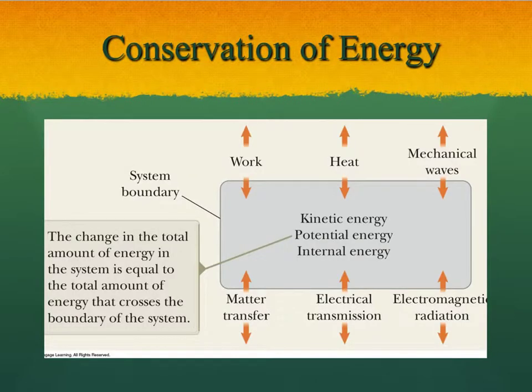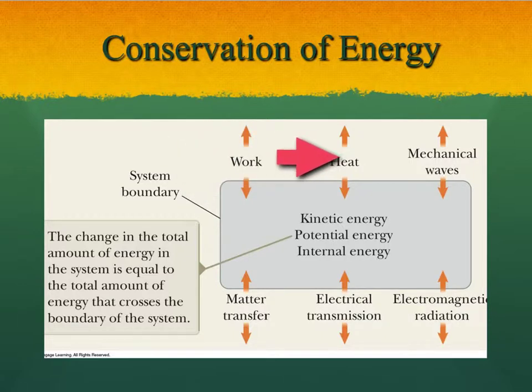So ultimately, this is just a visual diagram of what we just talked about. We can be changing the system. The system is what's containing that kinetic, potential, or internal energy. And I can change that if we do some type of energy transfer through the system boundary.